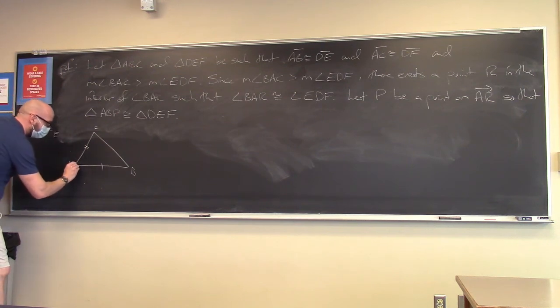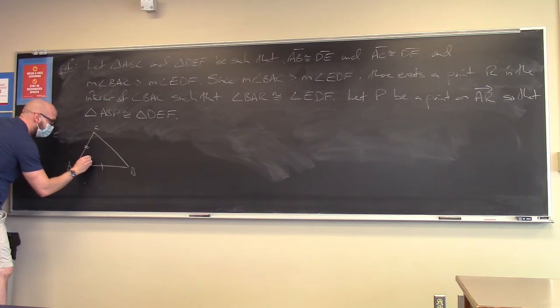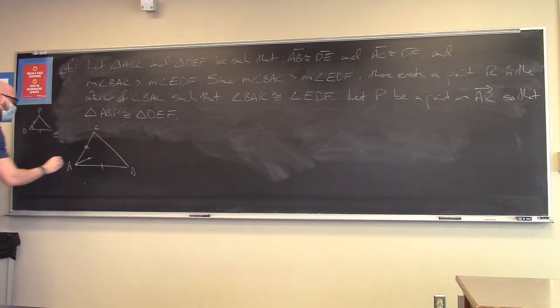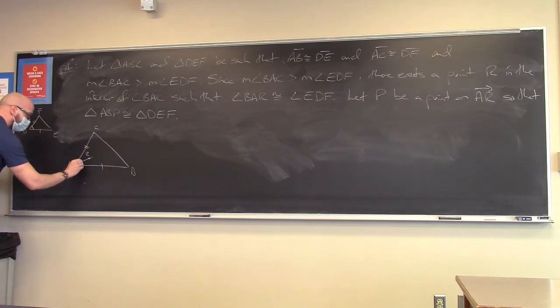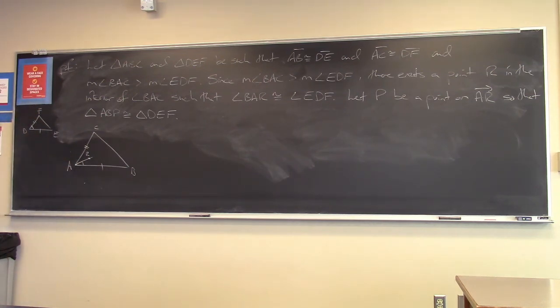So let's just say I take this as what I call the point R. Here's my point R, and that gives me this ray. In particular, I've chosen this point R so that this angle, did I call it BAR?